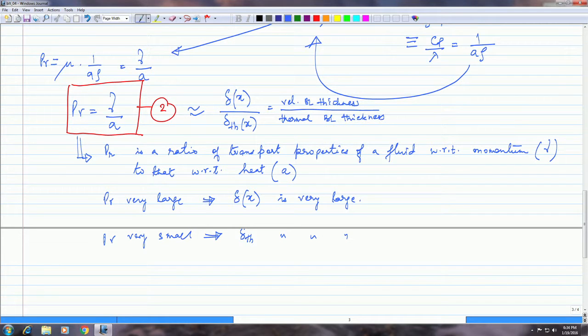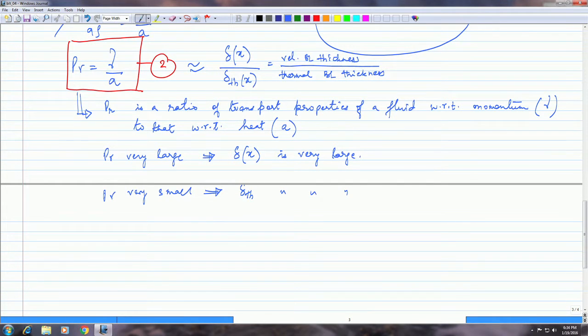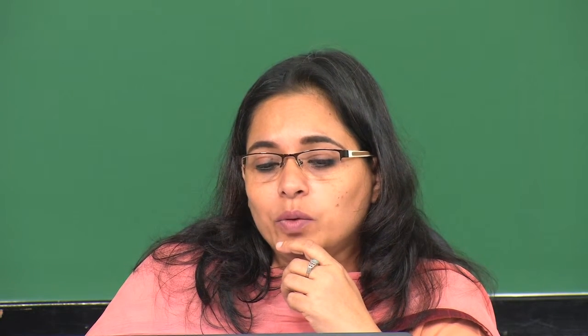So that's to talk about what exactly we're trying to understand: physically, what exactly we came up with in this number, the Prandtl number. Now we need to figure out what exactly that means, and whether we can plot things against the Prandtl number and make inferences out of it, like we do for a Reynolds number, right. So that's what we're trying to do here.